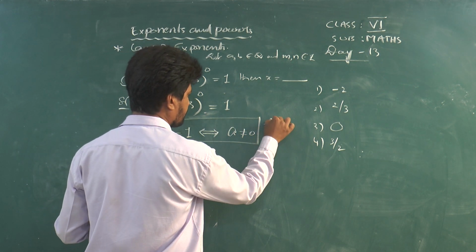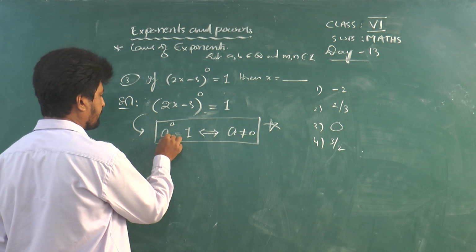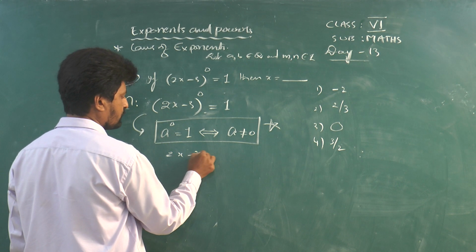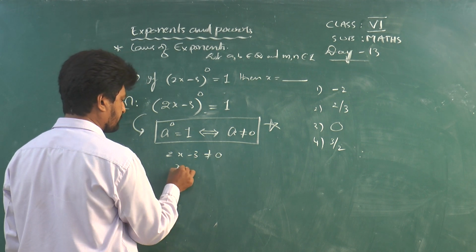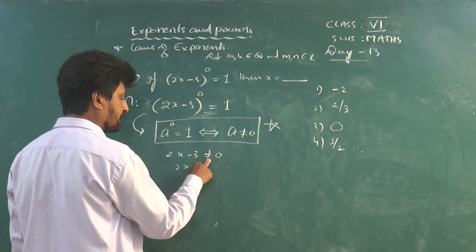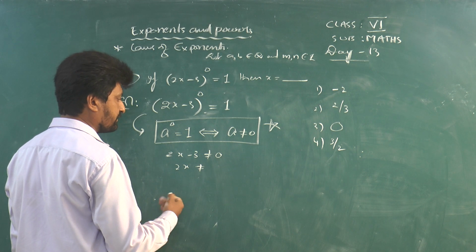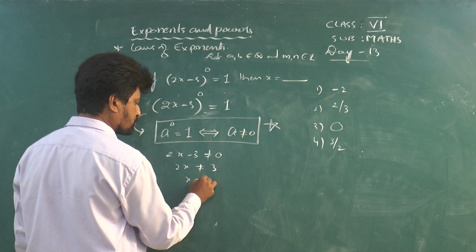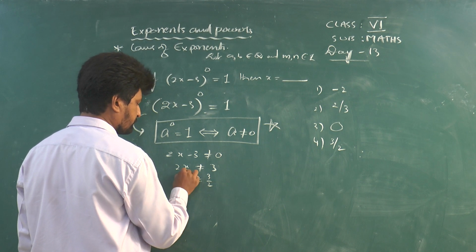Very important property, that one. That is nothing but here the base should not be equal to 0. That's why 2x minus 3 should not be equal to 0. That means 2x should not be equal to 0 plus 3, nothing but 3. x should not be equal to 3 by 2.